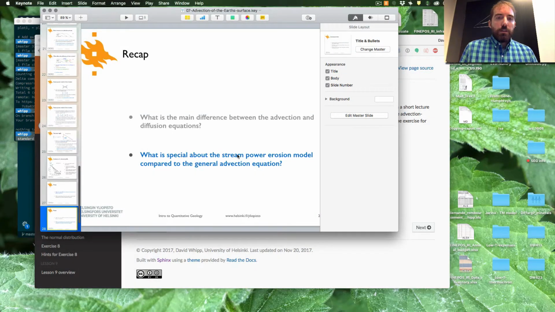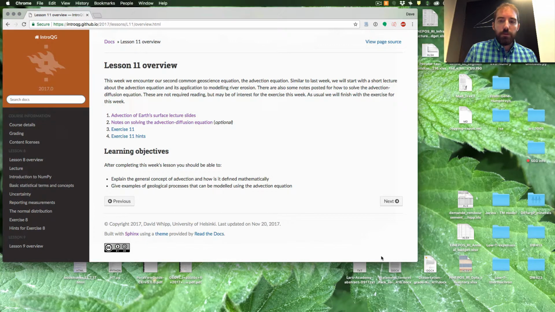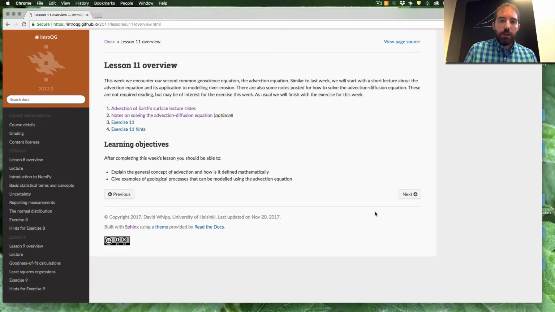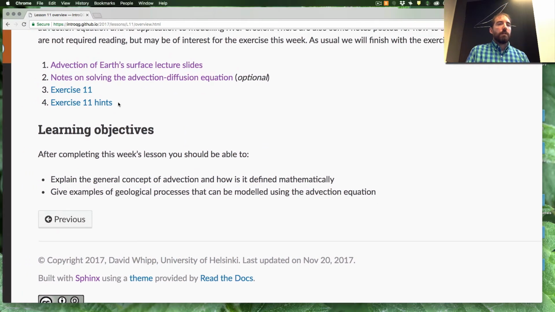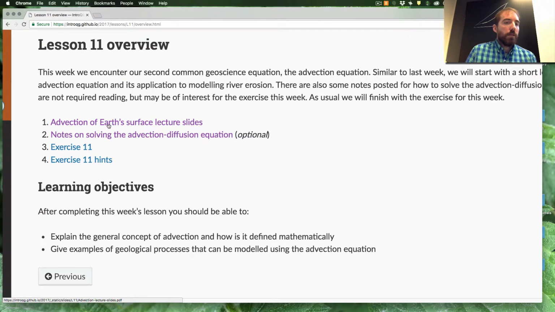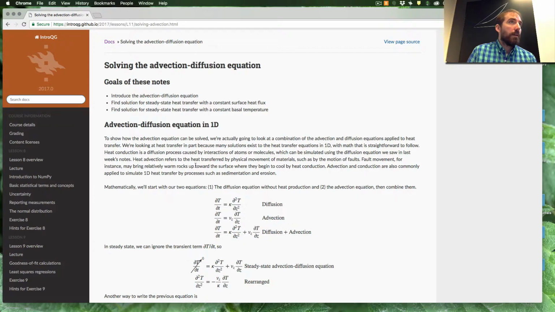So that's our introduction to the advection equation. And now I'll just take you here for a second to the lesson for this week, and I'll zoom in just a little bit. So we've gone through this set of slides on the advection equation. There are also some notes here about solving the advection equation. These are optional, again, this week, and probably even less relevant to the exercise this week, because this is done for the heat transfer equation in 1D.